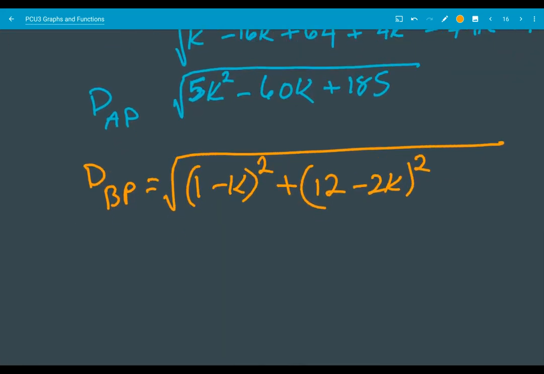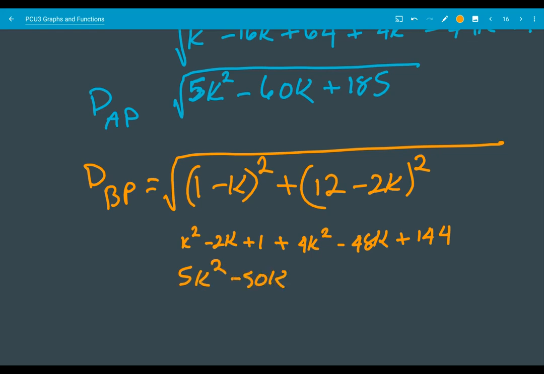Then we do this out again, so we get k squared minus 2k plus 1 plus 4k squared minus 48k plus 144. So we get 5k squared minus 50k plus 145.